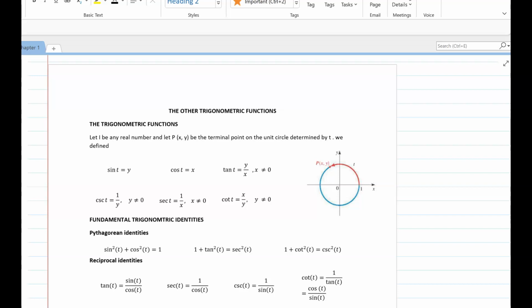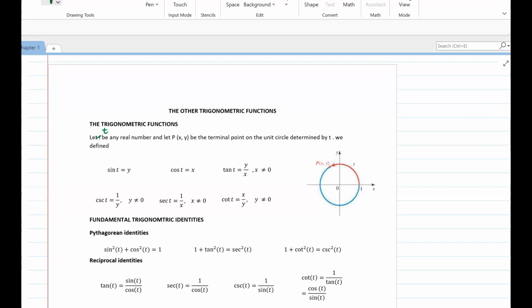Aside from sine and cosine functions, we also have a couple more trigonometric functions, that is tangent, cosecant, secant, and cotangent. Let t be any real number, and let P, the point (x, y), be the terminal point on a unit circle determined by t.